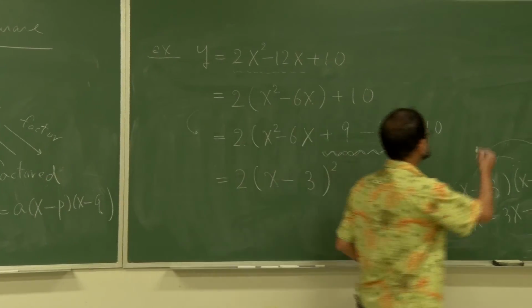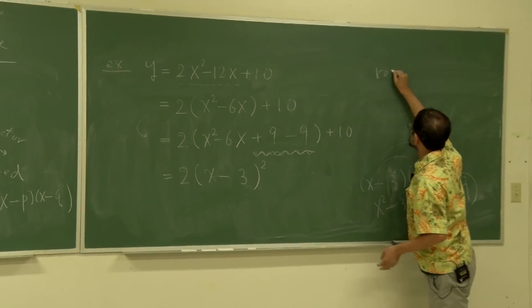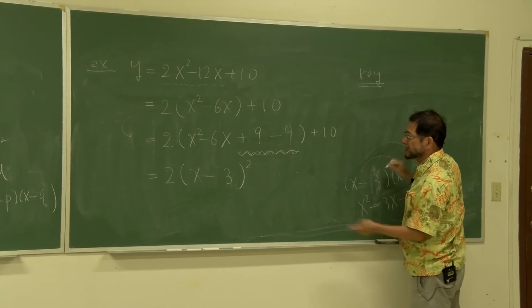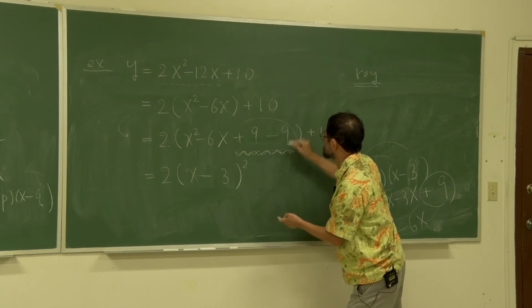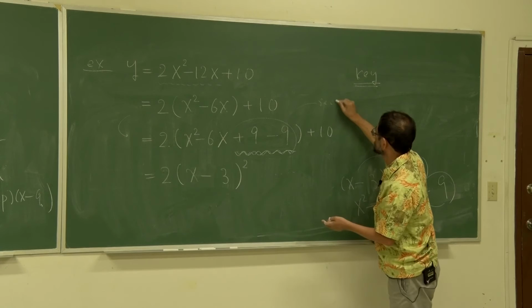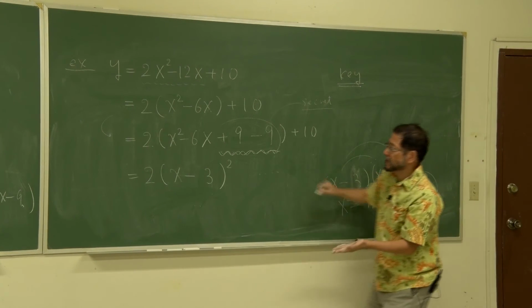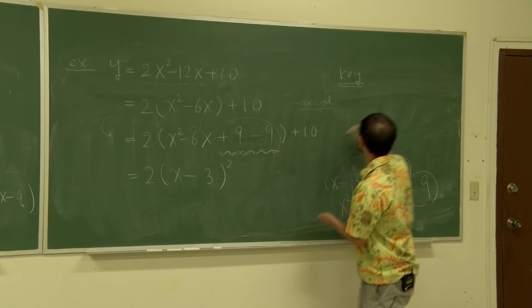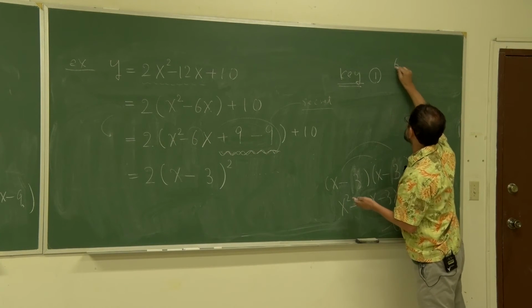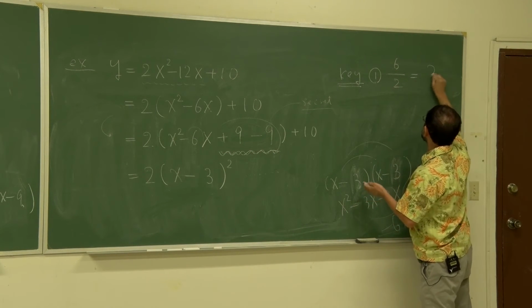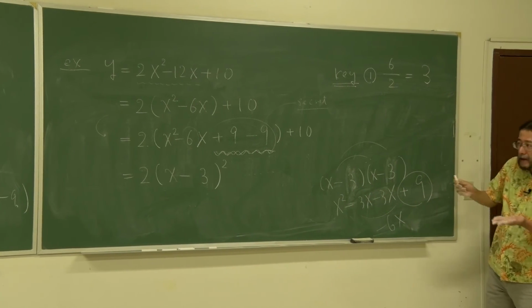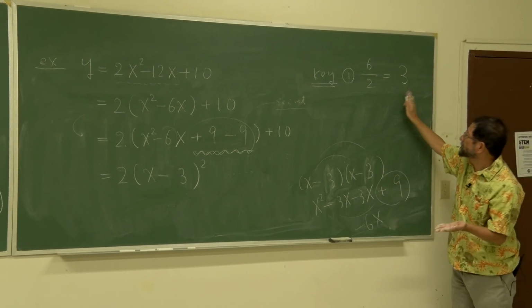So here is the key to get this secret number. By looking at this 6, first you halve it to get 3.